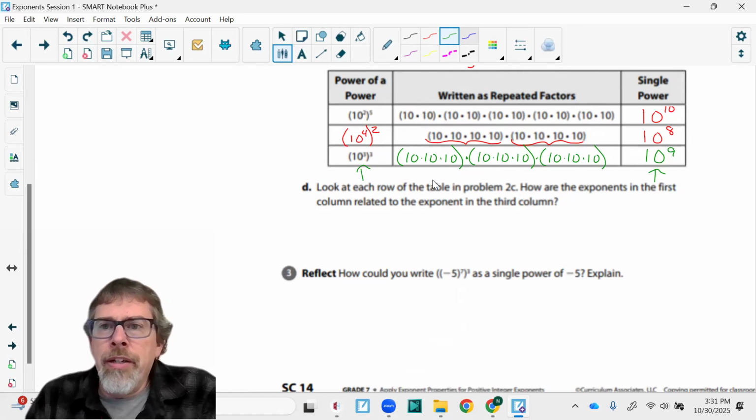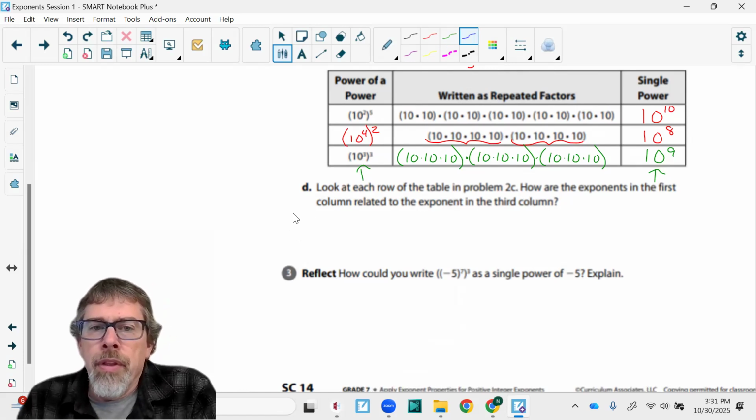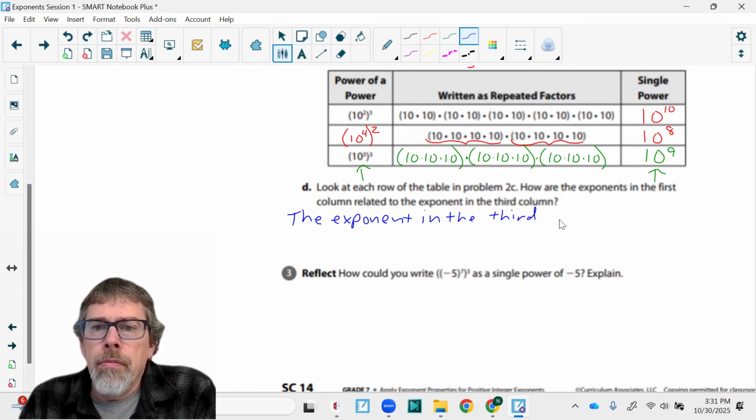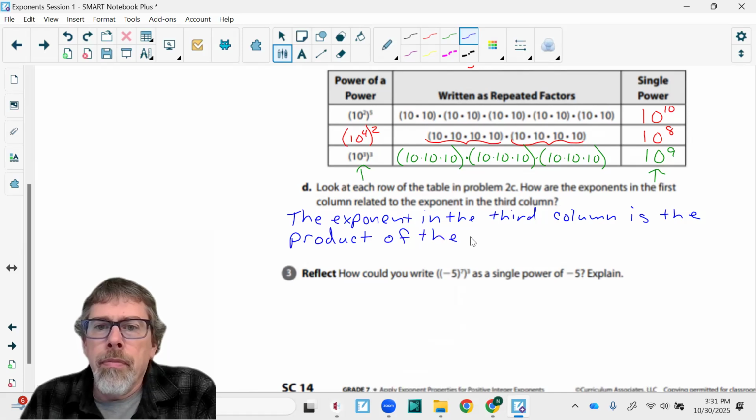So what I would say here is the exponent in the third column is the product of the exponents in the first column.